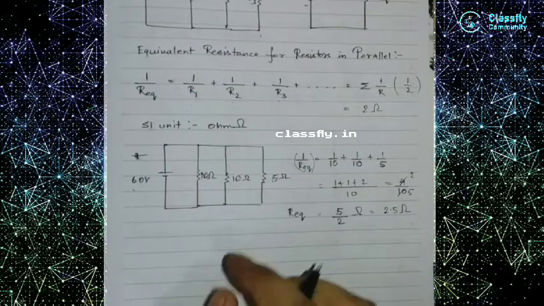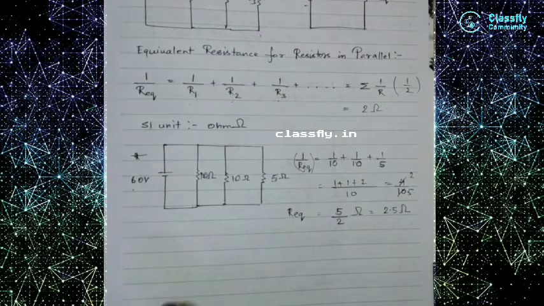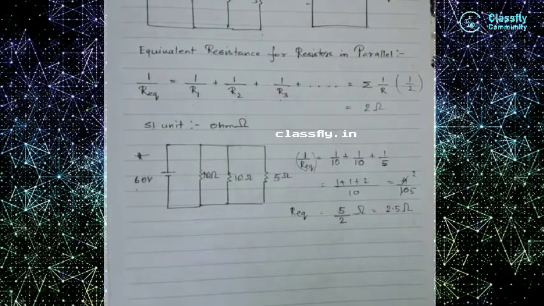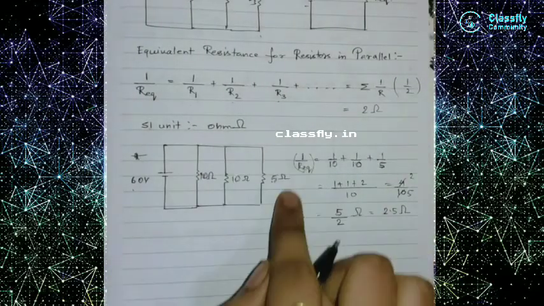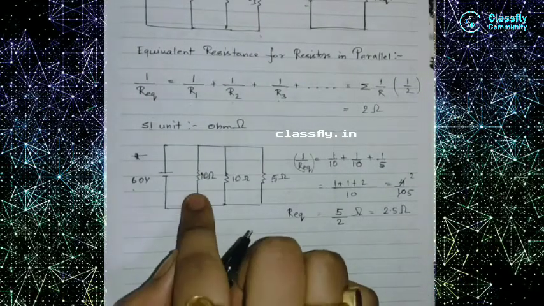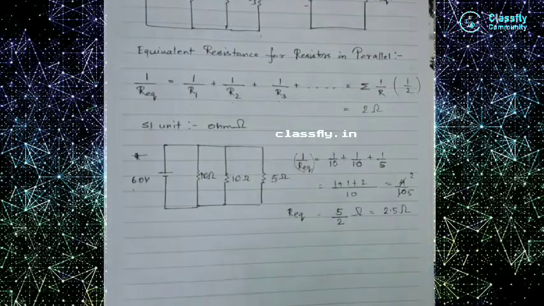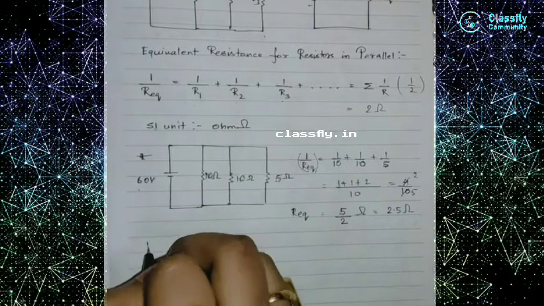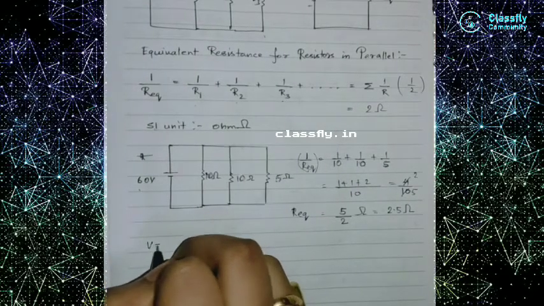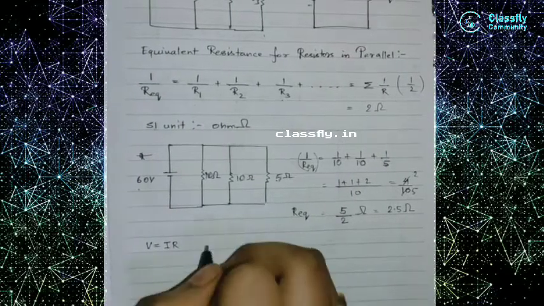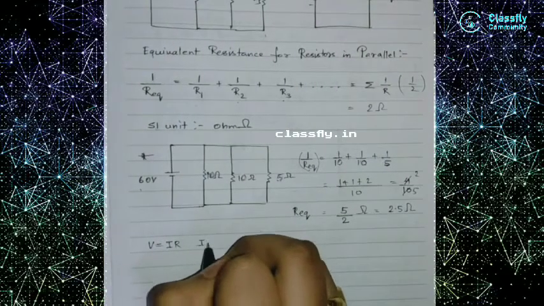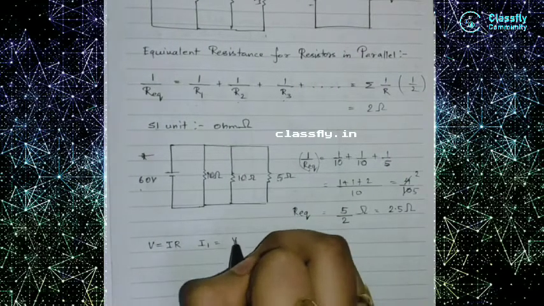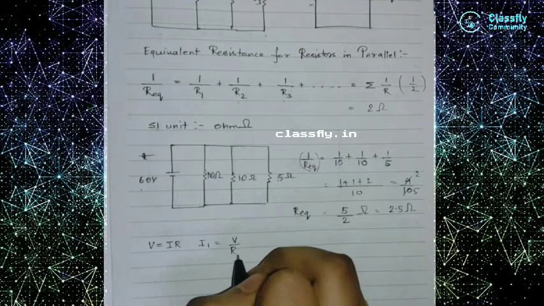Now let's find out each of their currents. As it is a parallel circuit, each of the resistors' voltage is 60 volt, but the current will be different for each of them. We know by Ohm's law that V is equal to IR. So for I1 it will be V by R1.